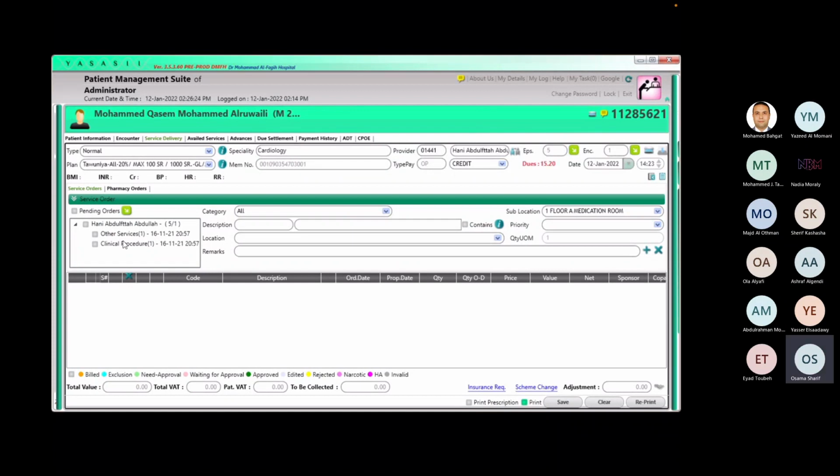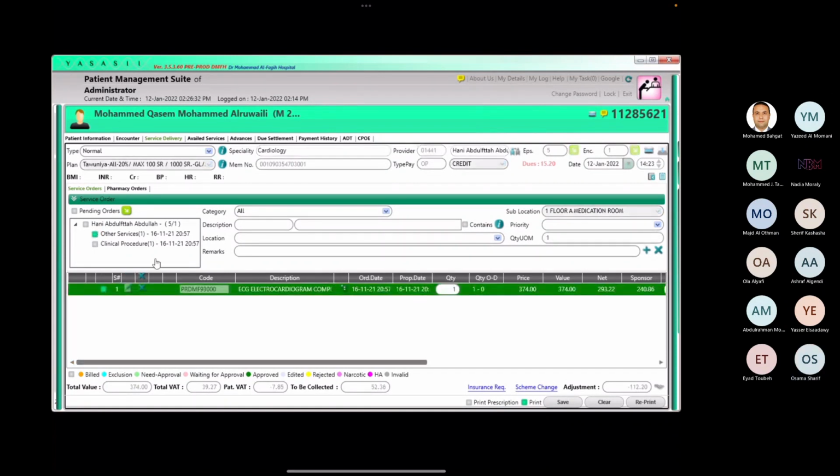In one bill, if you want only labs, and in another bill you want only radiology, this is the reason why this is there. If I click on only other procedures, check what happens. Only that particular section's service will come. But if I click on Hani itself and I say just bill all the services together, I can do that as well. You see, now both the services are on the same bill, and I can do that easily.